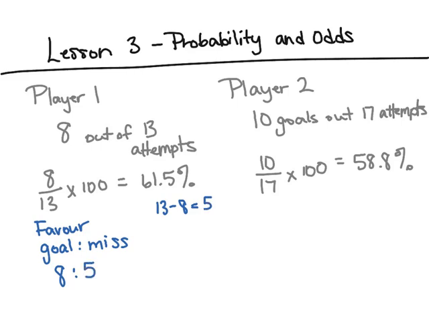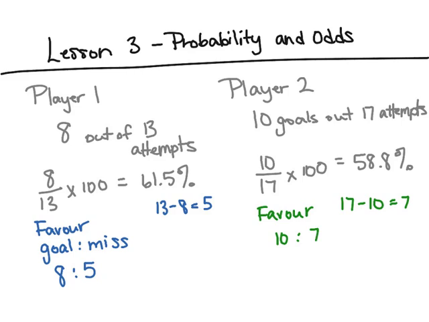So the odds in favor of a goal are 8 to 5. For player 2, same thing. The odds of having a goal are 10. The odds of not scoring a goal are 17 minus 10, which is 7. So it's 10 to 7.